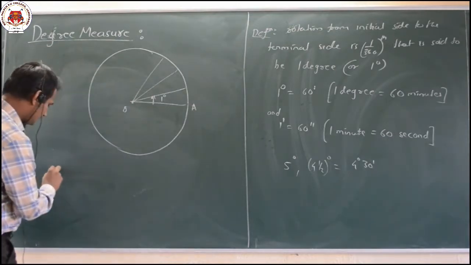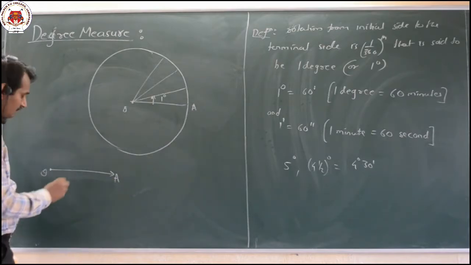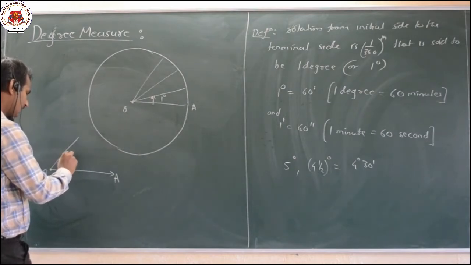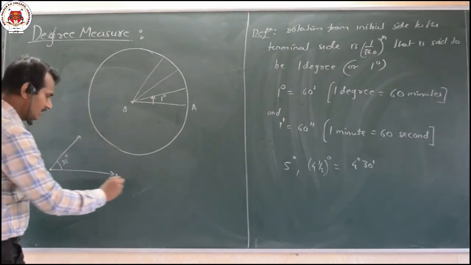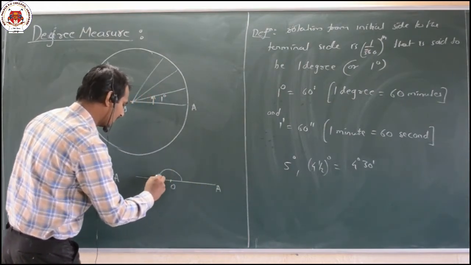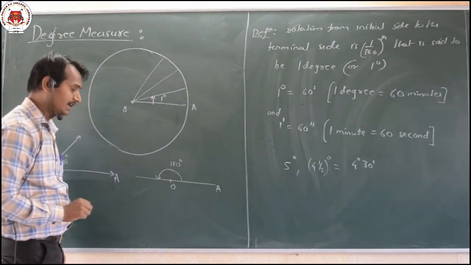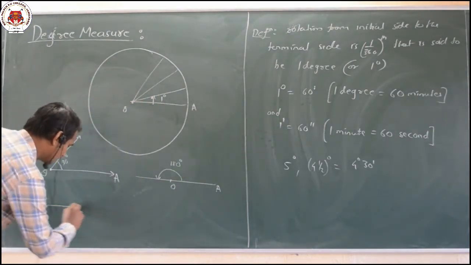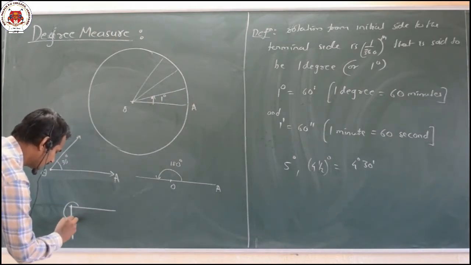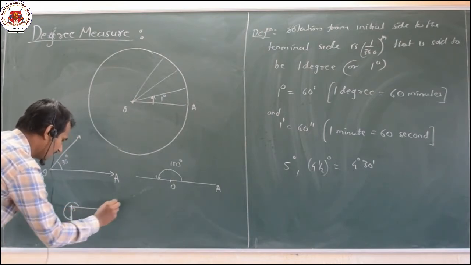Now this initial ray OA, if I rotate it by 30 degrees, that is our 30-degree rotation. Similarly, if I rotate exactly to here, that is our 180-degree rotation. In the same manner, the initial line, if I rotate in this particular manner, it is O, A and B.